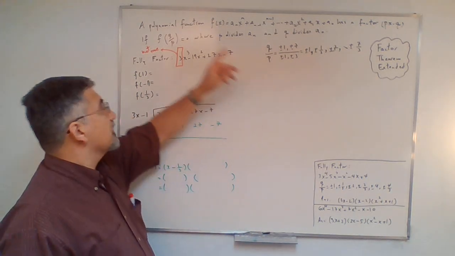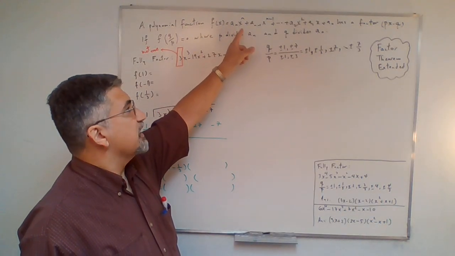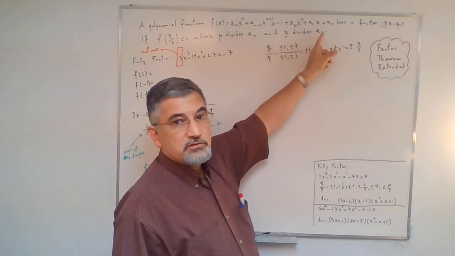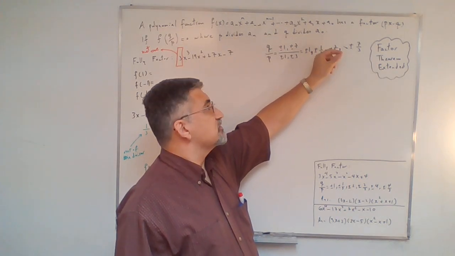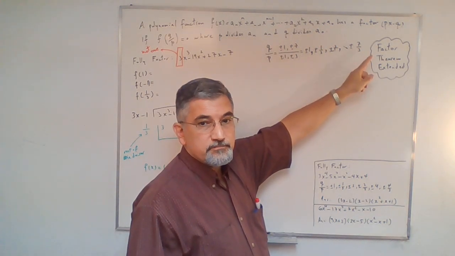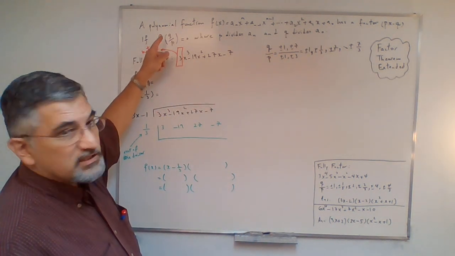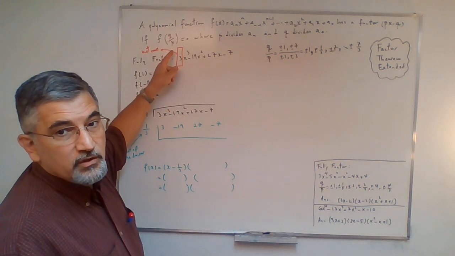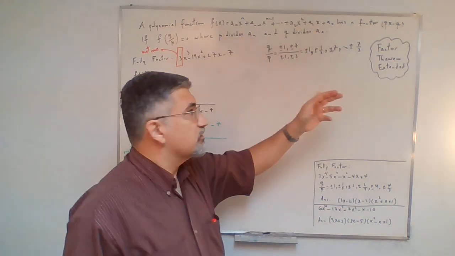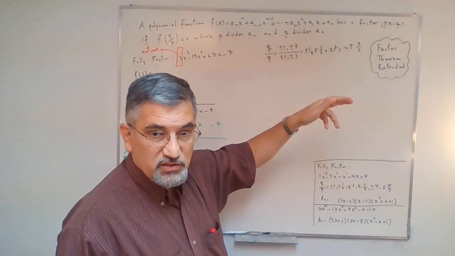What does it state? It says a polynomial function f of x equals a sub n x to the n plus all the way to a sub 1 x plus a sub 0 has a factor of px minus q if f at q over p is equal to 0. Over there in factor theorem we said that it has a factor of x minus a if f at a is equal to 0.